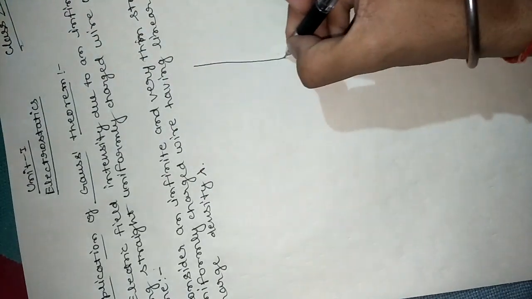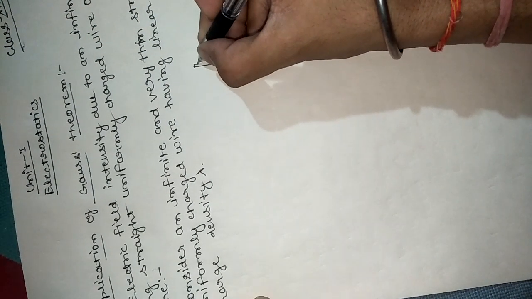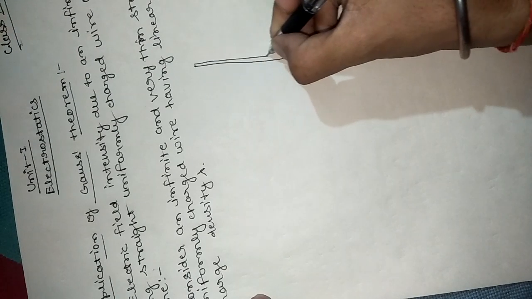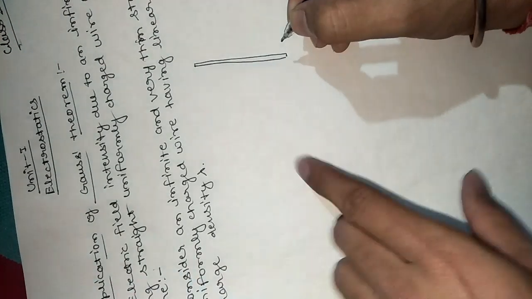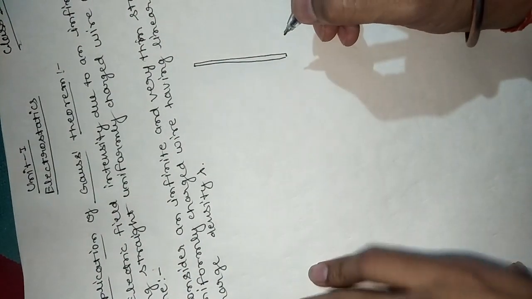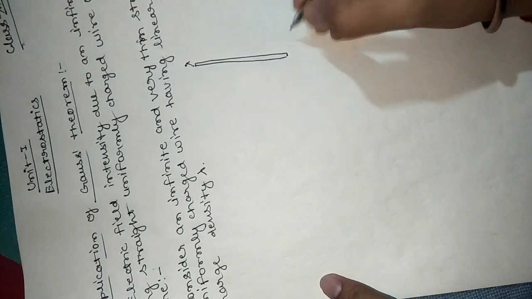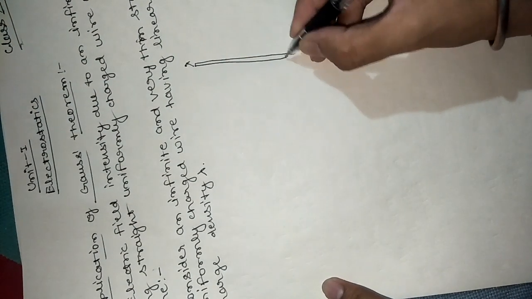We are considering an infinitely long, very thin straight wire which is uniformly charged, having linear charge density lambda. It is an infinitely long straight wire.